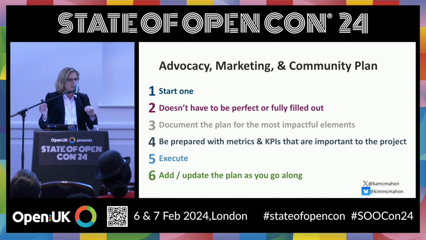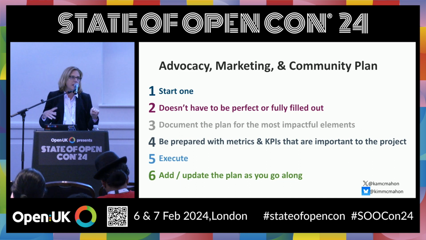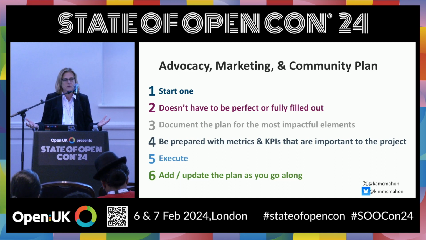But as you're doing that, and I'm not going to get into metrics and KPIs in this talk, I have in other talks, be prepared with thinking, how will you know what success is? You want to have some sort of idea of what success looks like. I went to 3 events and I got 2 new users. That's a success metric or a KPI that you can track.